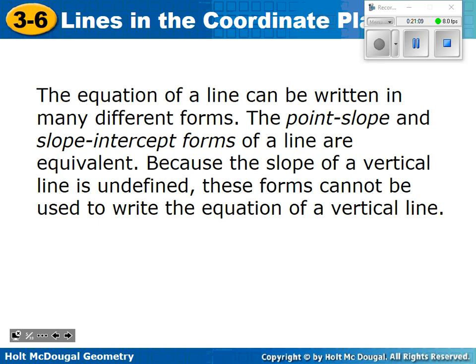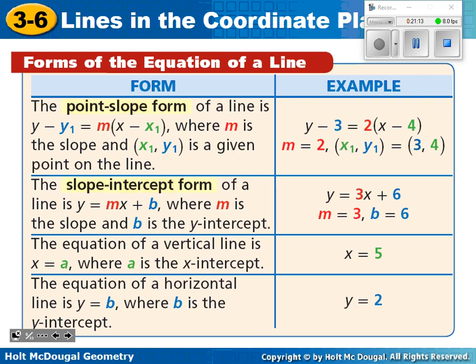But remember that if they are vertical or horizontal, we write those a little bit differently. Point slope is the form you didn't know. You will be required on this test to write equations in point slope form. So you will have to memorize this form, you will have to use this form, and if you use the other form, you will get 0 partial credit.